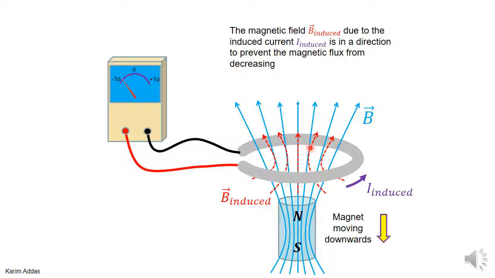So the induced magnetic field wants to be in a direction to prevent it from getting smaller. It wants to maintain the magnetic field as it was before, as much as possible, to prevent the magnetic flux from getting smaller. That's how you can translate the mathematics into words, into a group of instructions that you can then call Lenz's law.